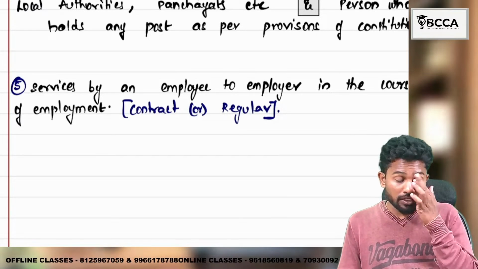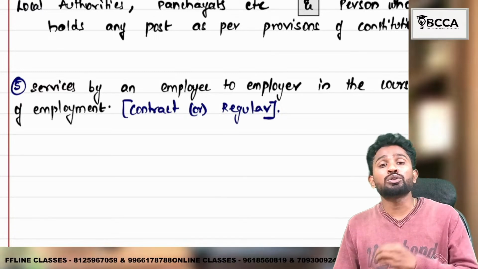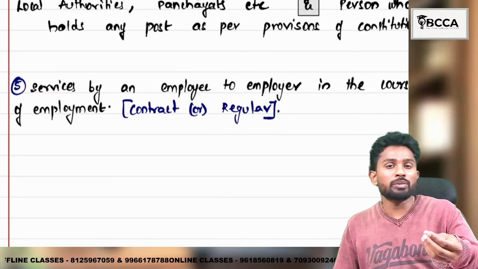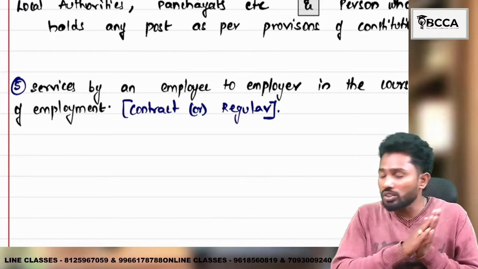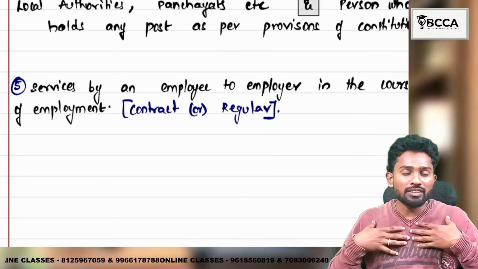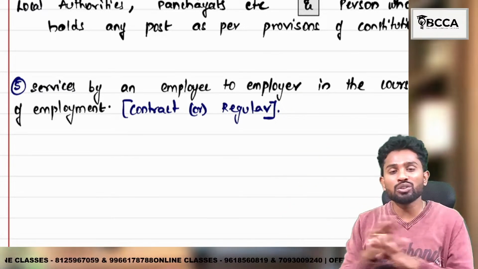So for the services of an employee, the salary that the employer gives is out of the scope of GST. It's not a supply. So for my services rendered to a company, if I get salary, such salary is not a supply.